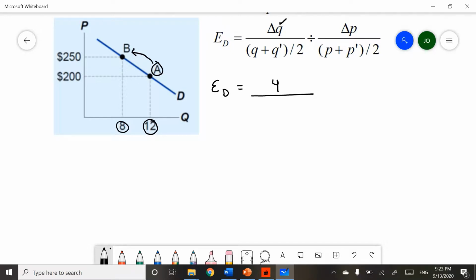The bottom part of that fraction says that you add Q plus Q prime. So, in this case, we are going to take 8 plus 12, which equals 20, and divide it by 2. We now have the first part of the formula.